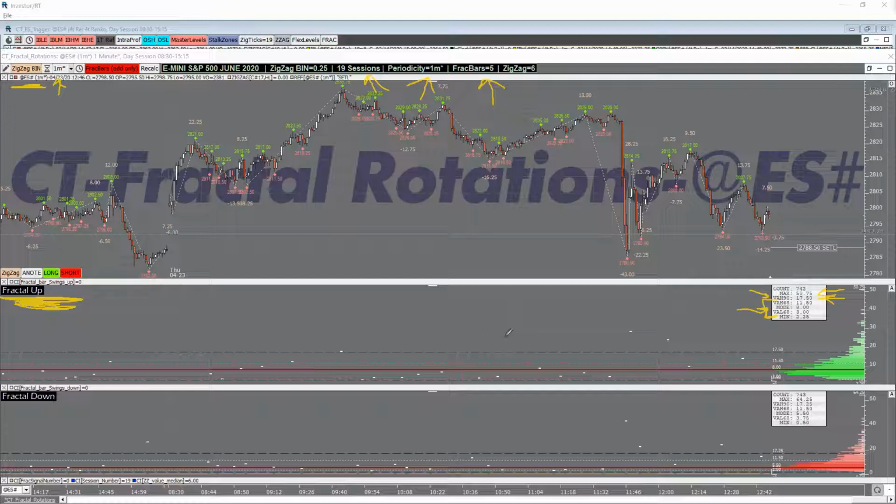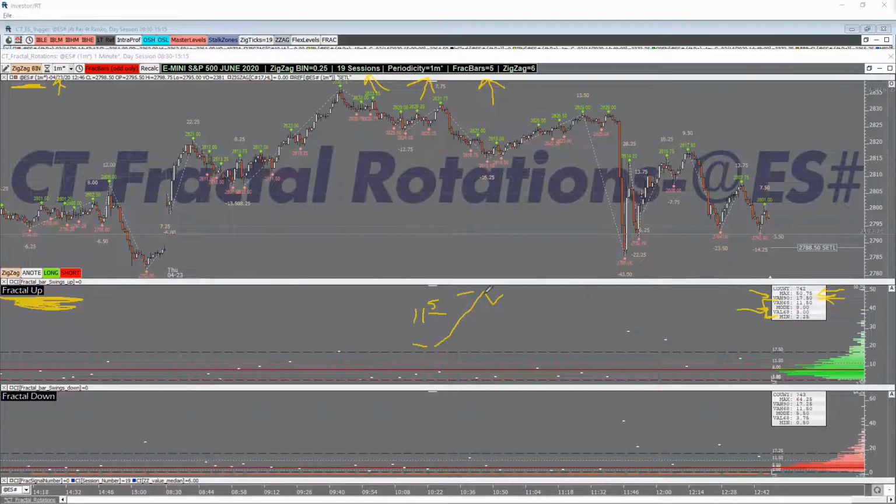This means that if a move of 11.5 points occurs, as it's pushing towards 11.5 points, we consider this normal. It is now falling outside of normal for it to continue pushing farther.